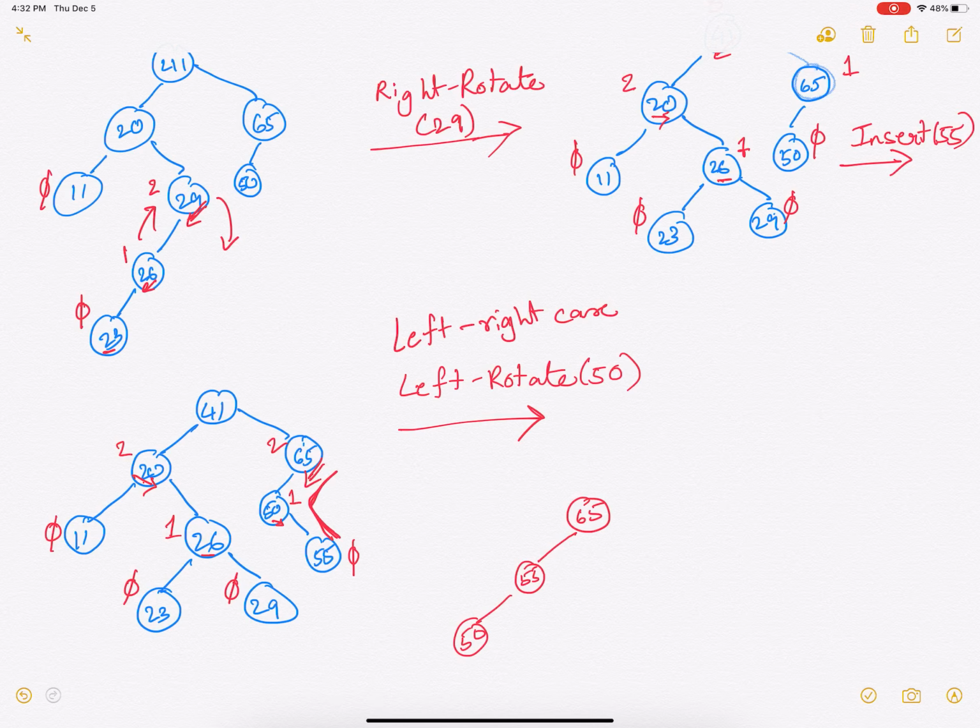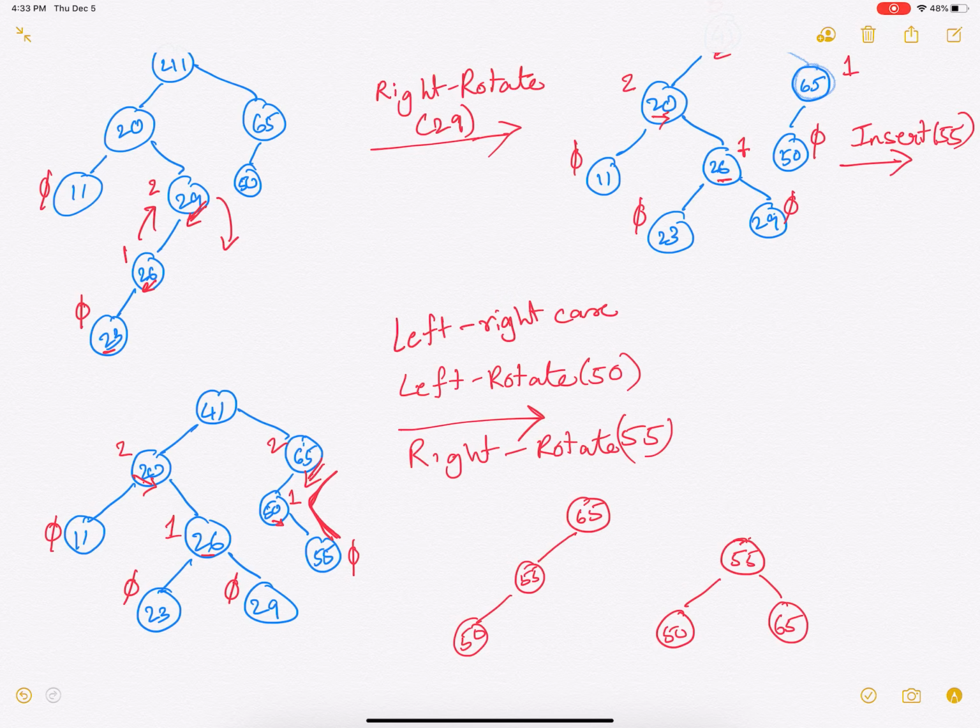And then if we right rotate 55, after that, what we will get is, we will have 65 coming down, and finally what will happen is you will have 55, 50, and 65 in here.